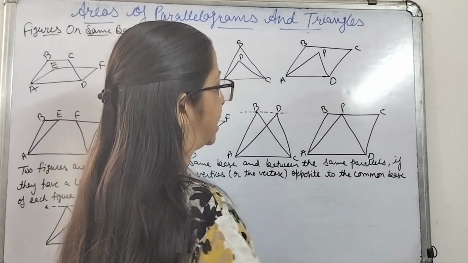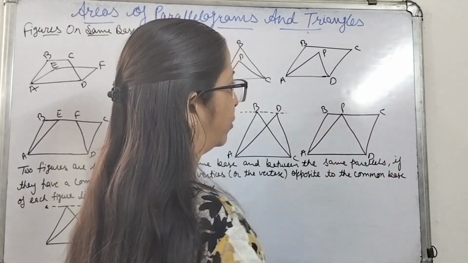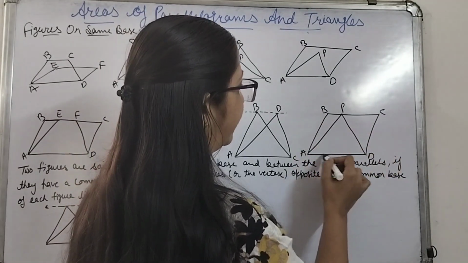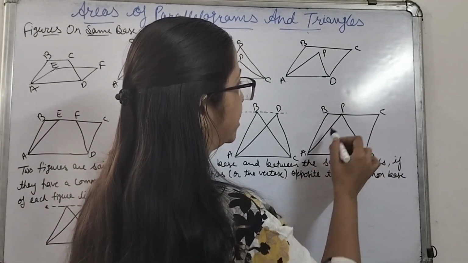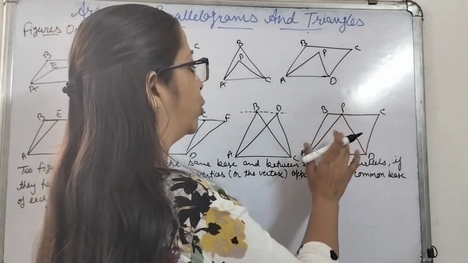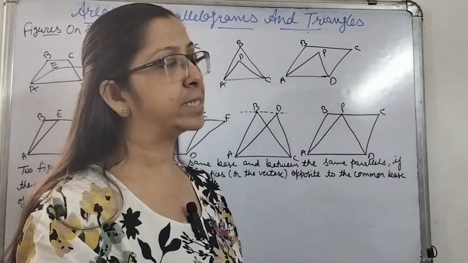Now take one more example. We have taken one parallelogram and one triangle. The parallelogram is ABCD, which has a side AD, and the triangle is APD, which also has a side AD. That means they are both on the same base AD.